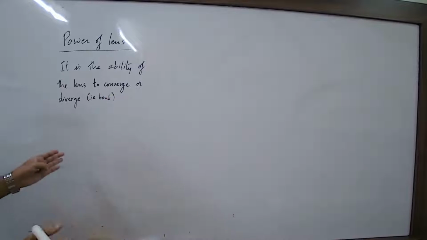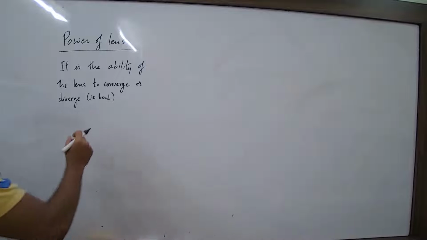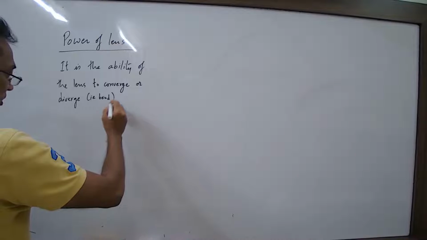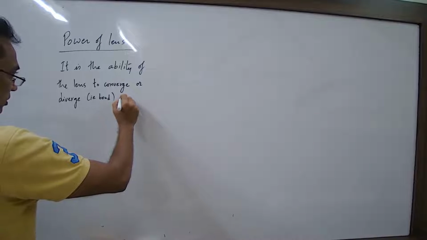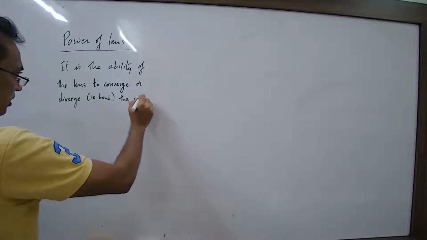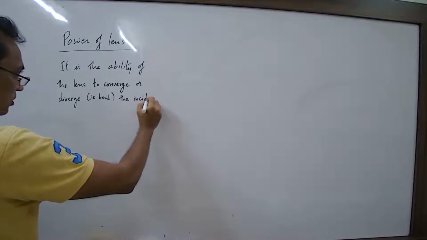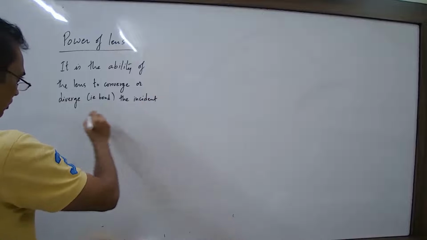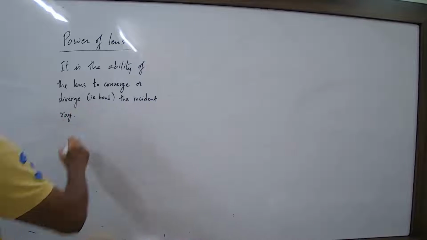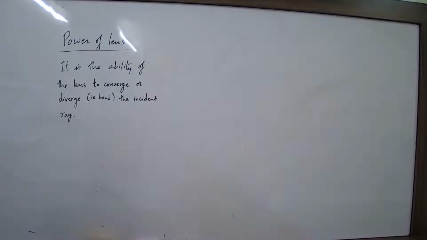Both converging and diverging are bending, right? So more converging or more diverging means the lens is more powerful.